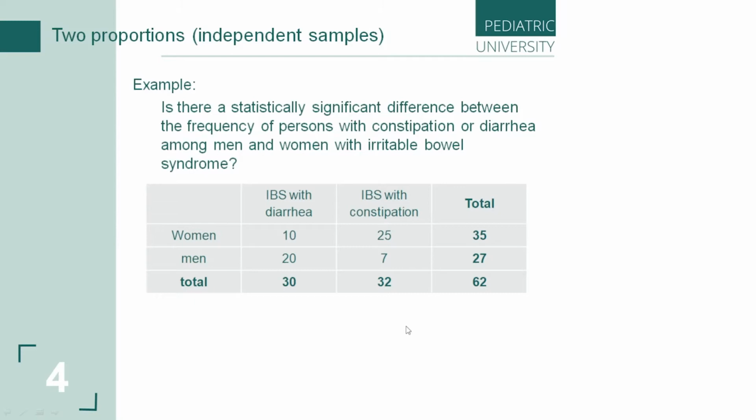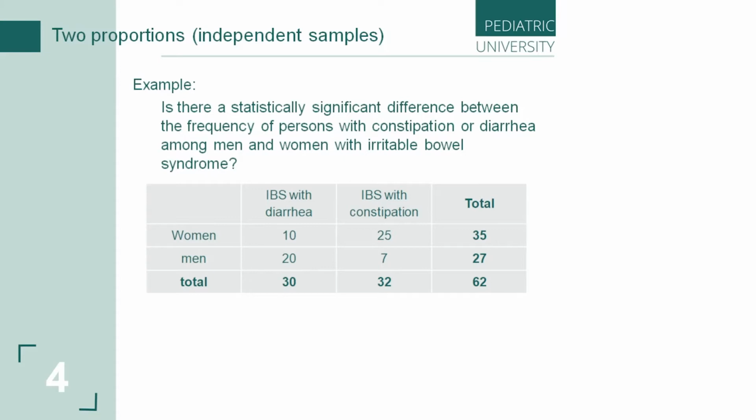Next, after that, we need to find out if the proportions of irritable bowel syndrome with diarrhea are the same in men and women. From our data, we may think there is a difference, but we need to generalize everything to the general population.